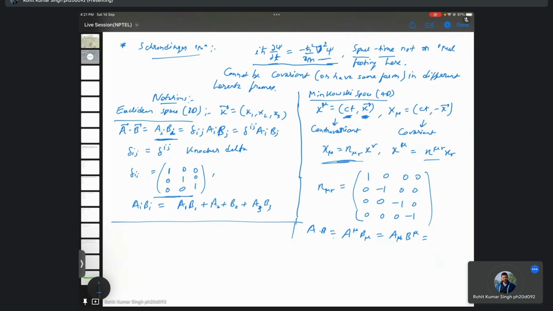As we mentioned here, we can go from covariant to contravariant using this relation.